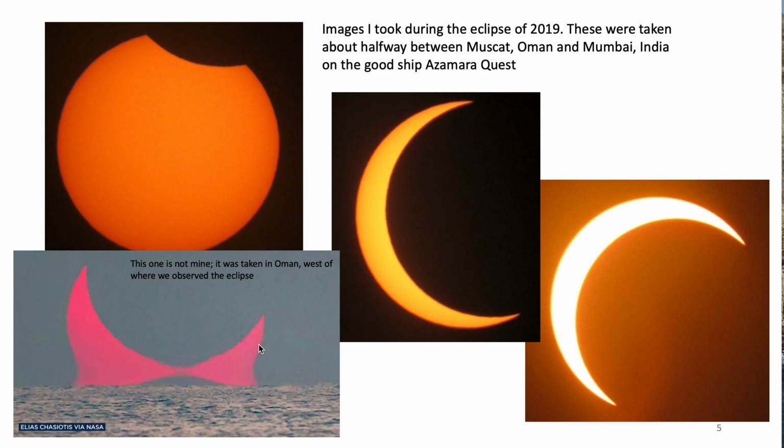This red area is the rising sun distorted by the refraction of the atmosphere. You see that bending there? And this arc is formed by the disk of the moon. We saw the eclipse at 8:30 in the morning or so. So the sun was not near the horizon, but that's the maximum coverage that we got.